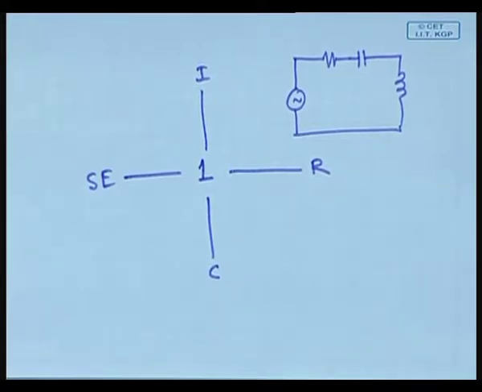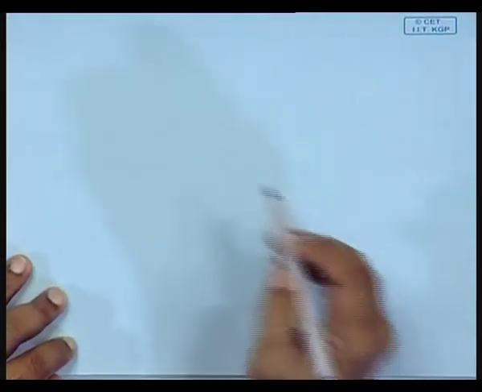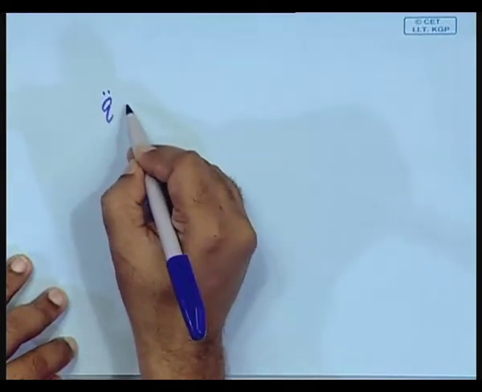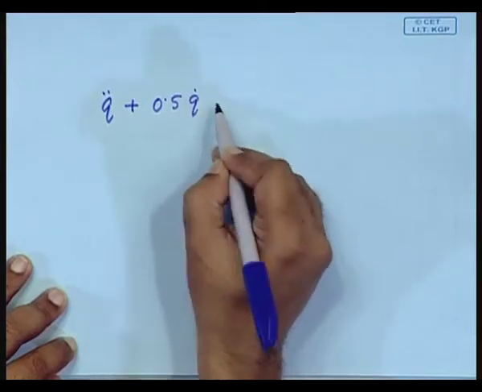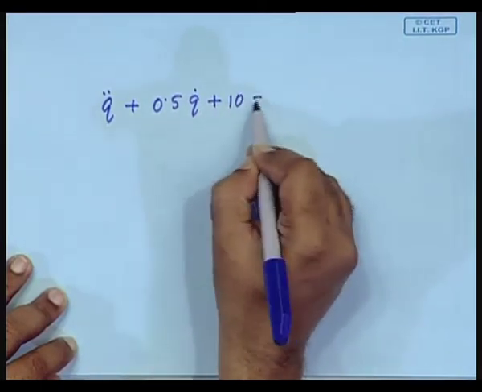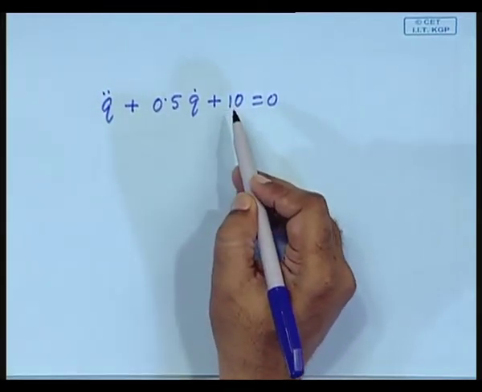Decaying sinusoid? Okay, tell me the equation. Q double dot plus 0.5 Q dot plus 10 Q is equal to 0. Can you in general give these values, that means in terms of the parameters?